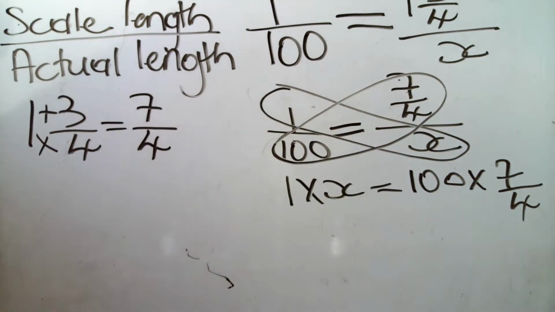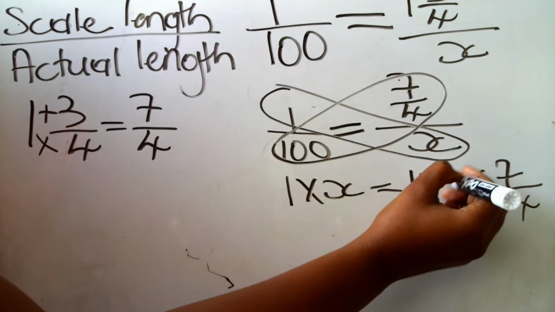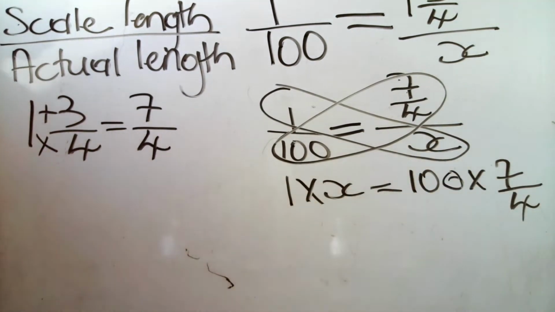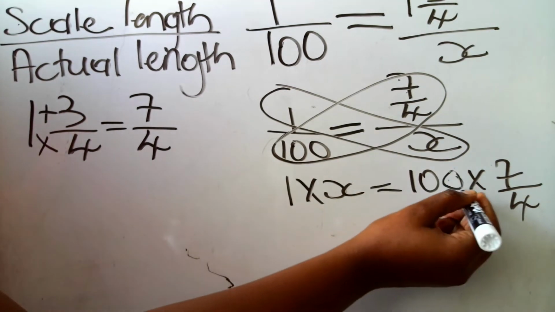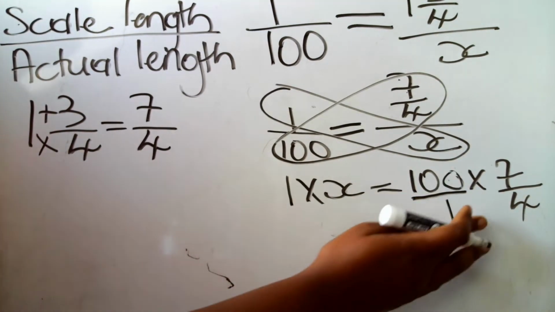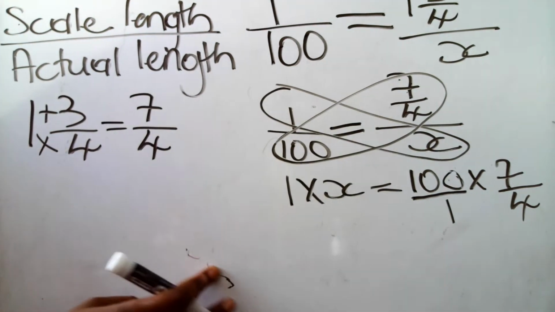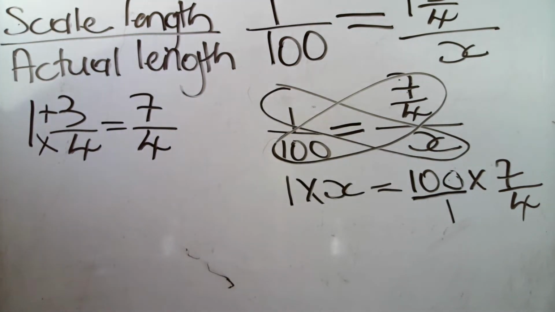It's best to be working with all fractions. So we can change this whole number 100 to a fraction by just putting a 1 under it. Right? To change any whole number to a fraction, we put a 1 under that whole number. It becomes a fraction. It does not change the value of the number.